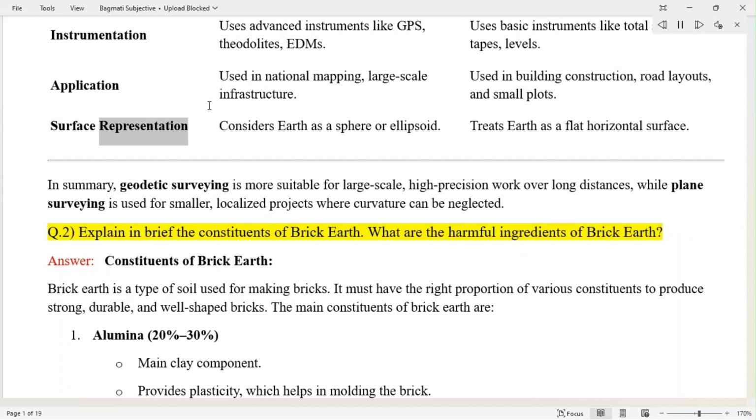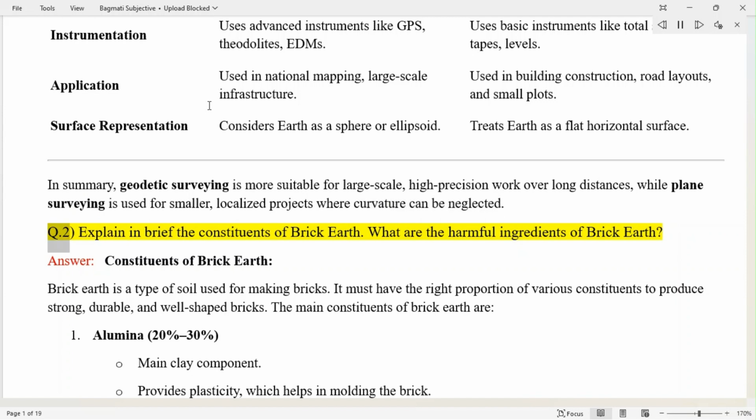Surface representation: geodetic considers the Earth as a sphere or ellipsoid, while plane treats the Earth as a flat horizontal surface. In summary, geodetic surveying is more suitable for large-scale, high-precision work over long distances, while plane surveying is used for smaller, localized projects where curvature can be neglected.